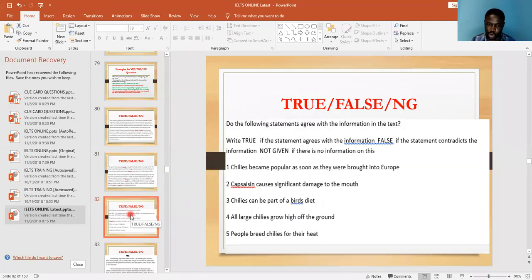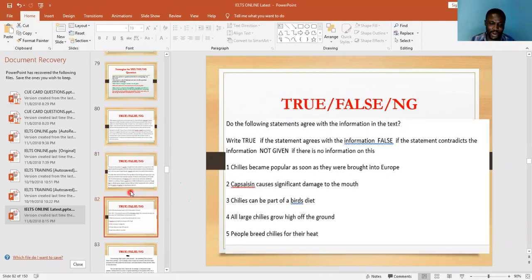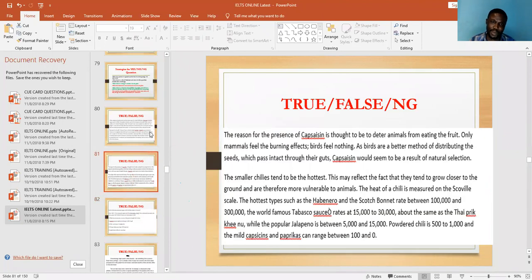All large chilies grow high off the ground. Okay, someone has sent an answer. Let me unmute now. I want our contribution.